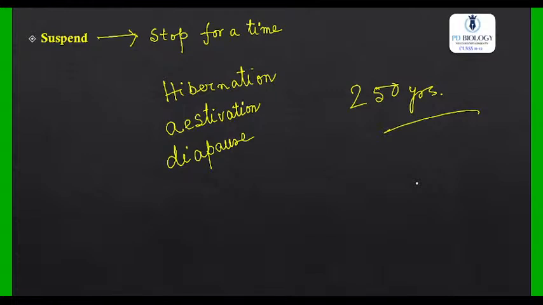In winter, larvae diapause is influenced by light also. In winter, the larvae of pink cotton bollworm enter into diapause. This is nothing but a different form of hibernation.